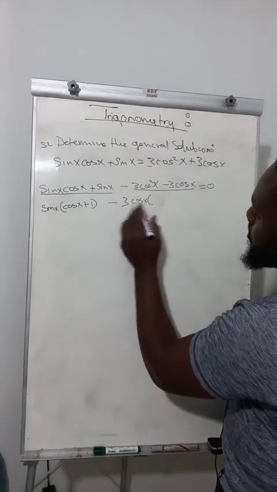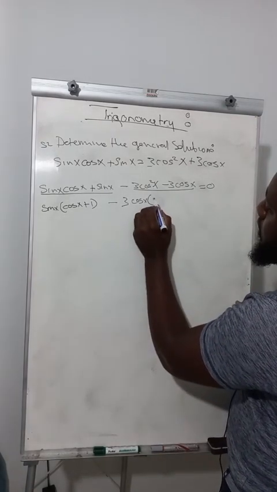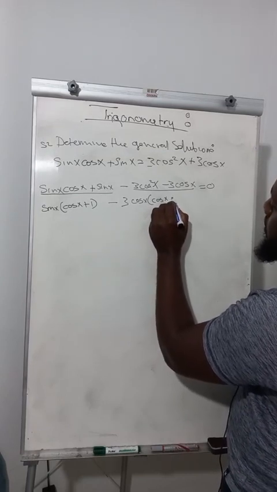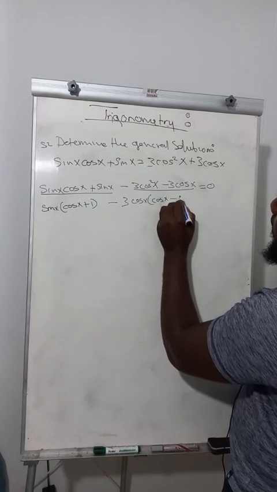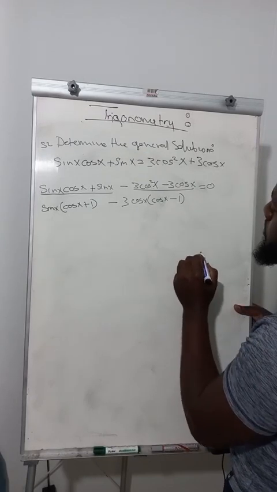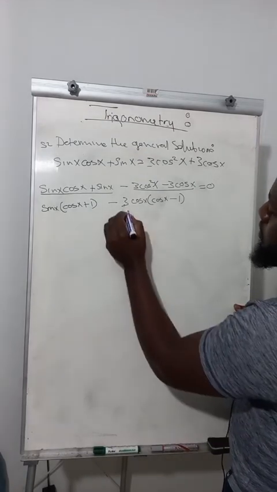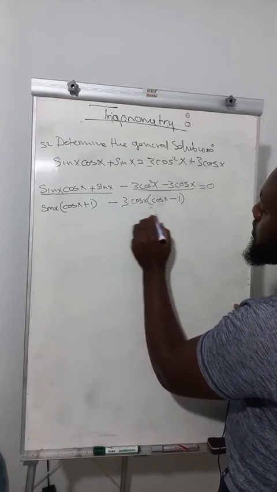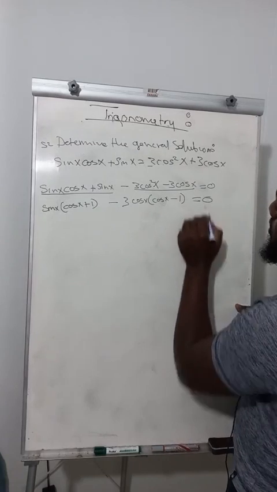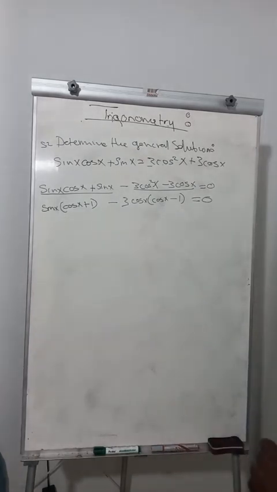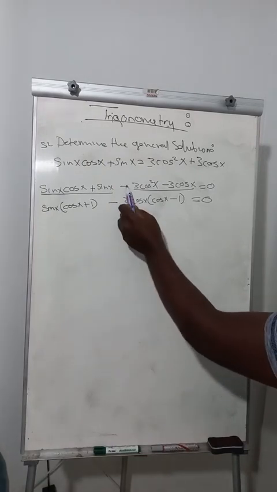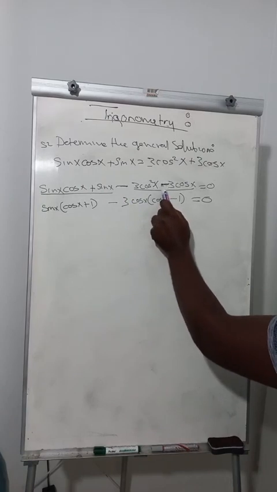Let me first do it without removing anything. Actually, let me remove it at once. I've already removed the negative 1, because I'm having a negative and also a negative.